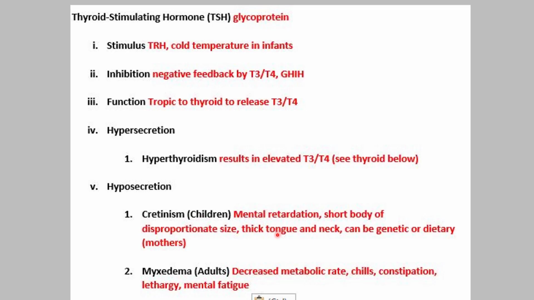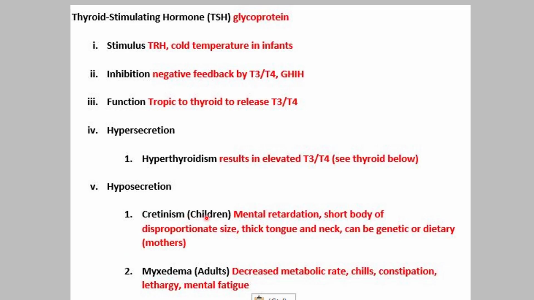Thick tongue. The tongue swells and it kind of looks like it's spilling out of the mouth. Thick neck. This can be genetic or it can be dietary. If mom, for example, is low on iodine, well, baby will be low on iodine also, if it's still in the womb. Or after it's born, it could have low iodine for whatever reason.